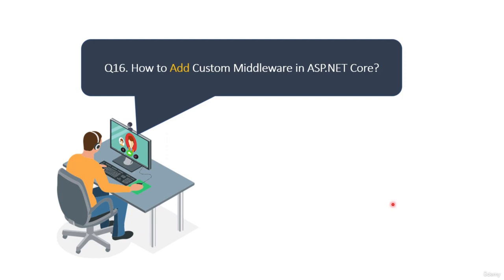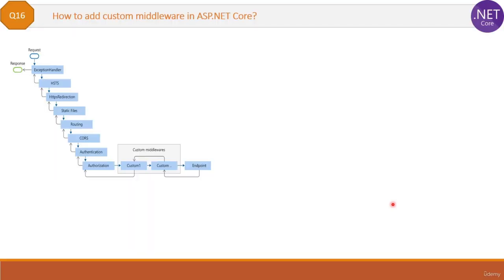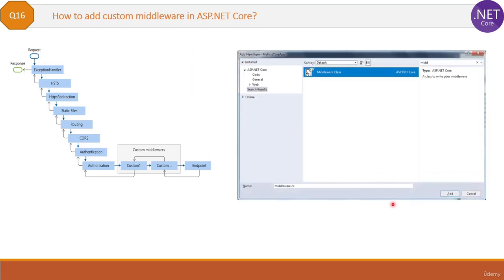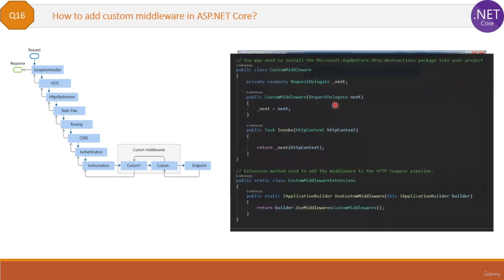How to add custom middleware in ASP.NET Core? Now, to add a custom middleware, one just has to right click on the project and add a middleware class file like any other class file in the project. You can select this middleware class and add it to your own project.